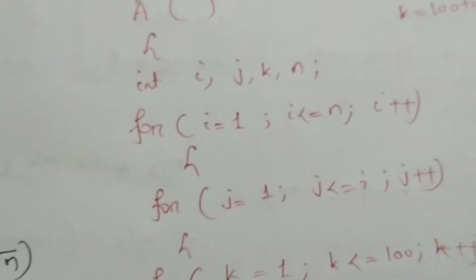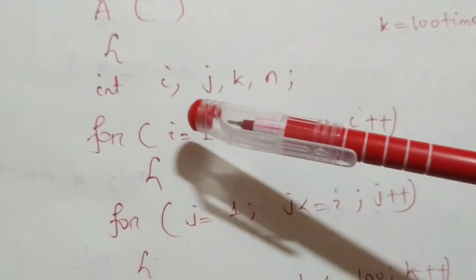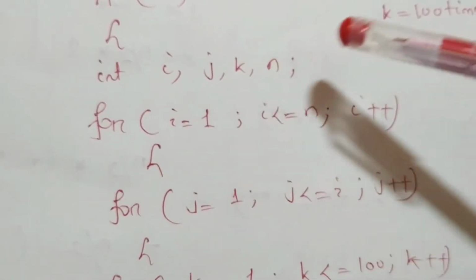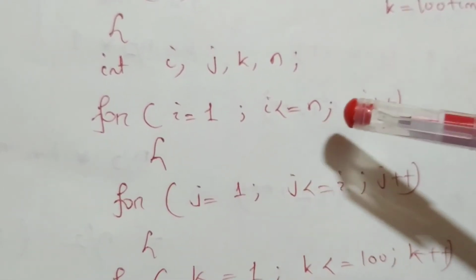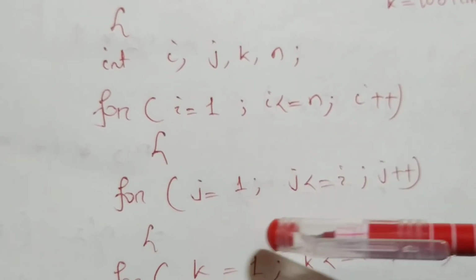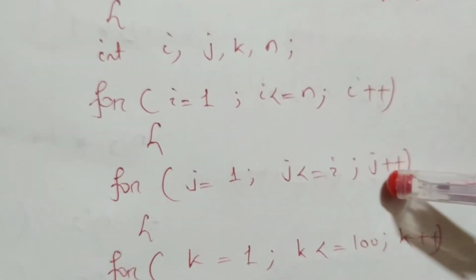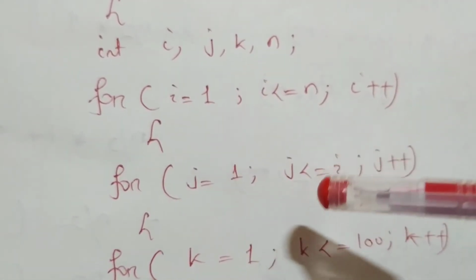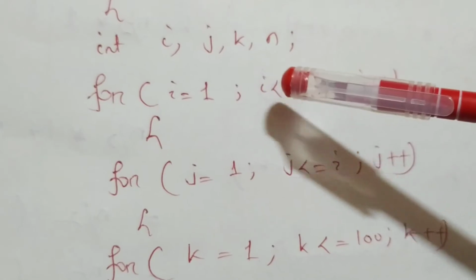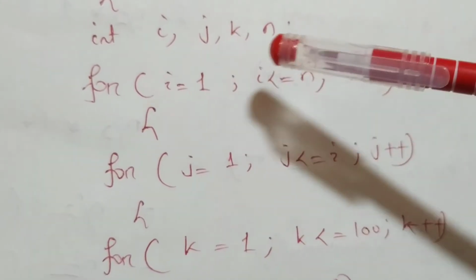Now you see there is another pseudocode. Suppose there are variables i, j, k, n. Here i is initialized at 1 and i less than or equal to n. Then j = 1, j less than or equal to i, and j will be increased. There is a dependency, meaning the execution of j depends on the value of i, and the inner loop will be executed first, then the outer loop.